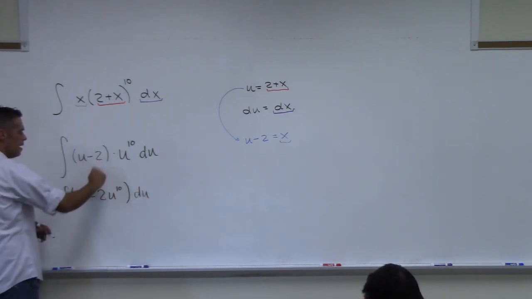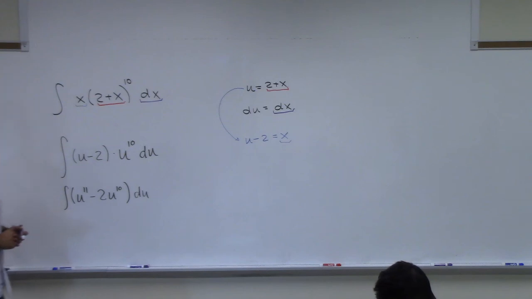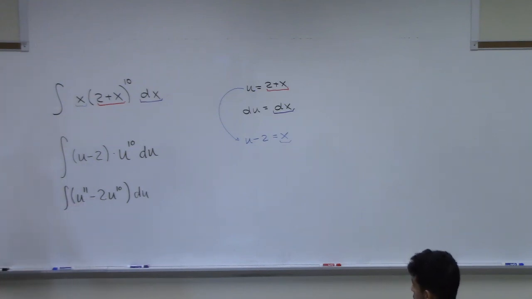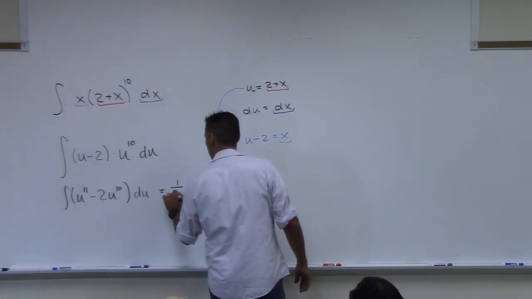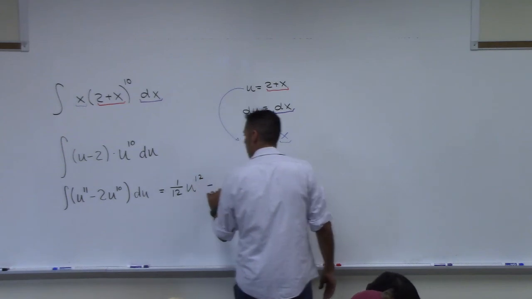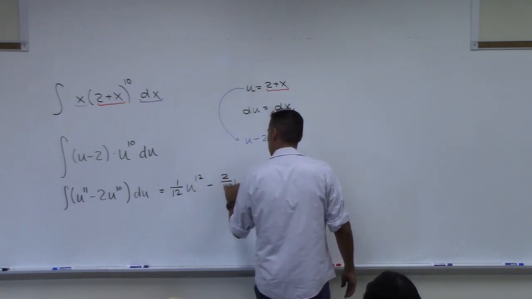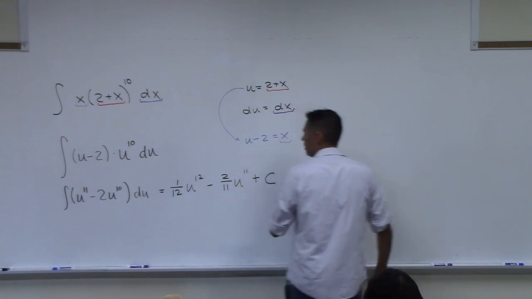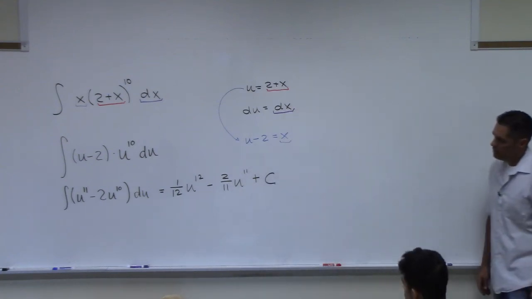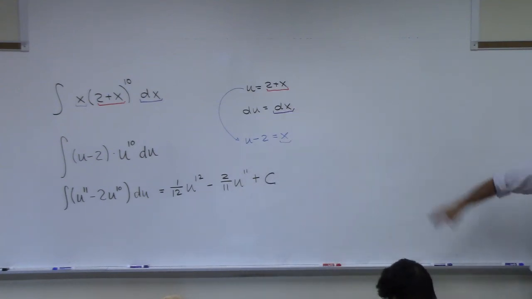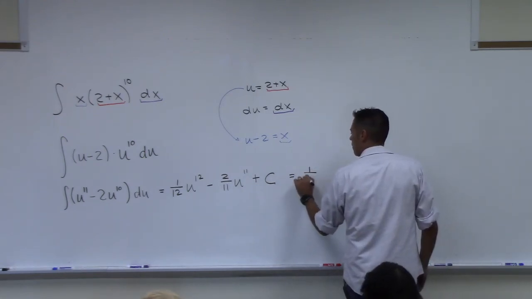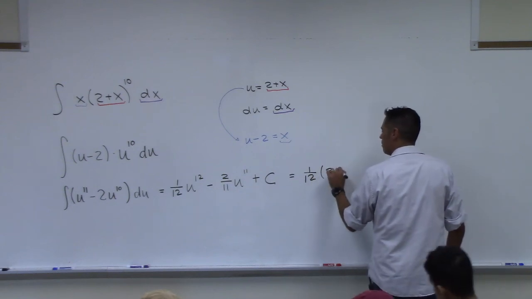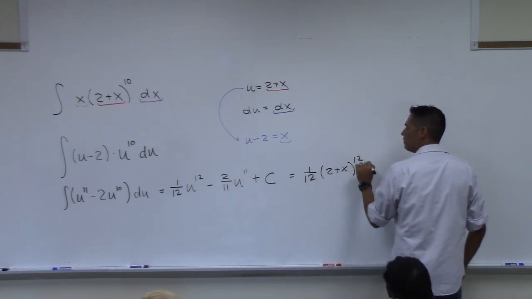Distribute. And then I can do these individually, right? Because they're separated by subtraction. So the antiderivative of that is 1/12 u to the 12th minus 2/11 u to the 11 plus c. That's just power rule on each of those terms. And I do have one more step, right? Have to replace u with 2 plus x.